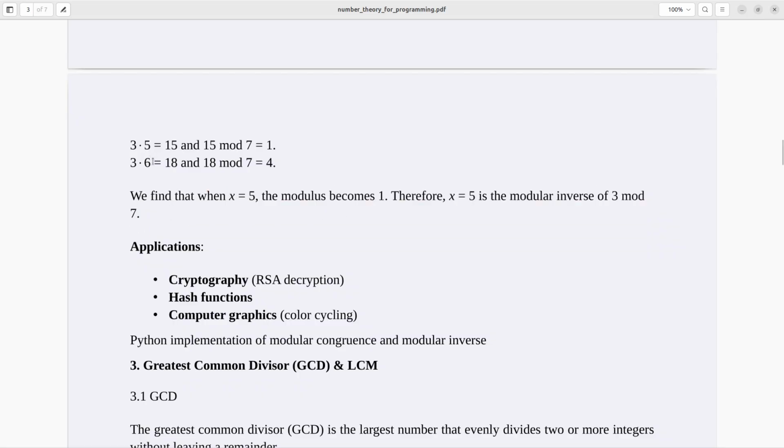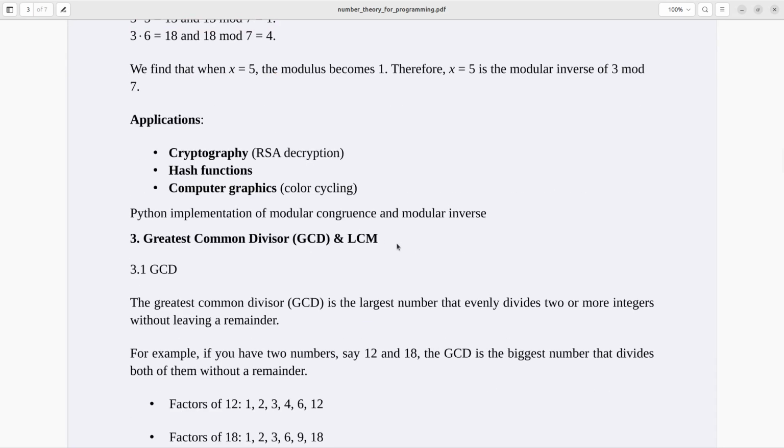And of course, if you want to check for one more x like number 6 here, you will see that the product of a and x, which is 18 here, isn't able to get the remainder of 1 when it is divided by 7. Okay. So the remainder is actually 4. That means we have only one possible value of x that can be the modular inverse of a, okay?